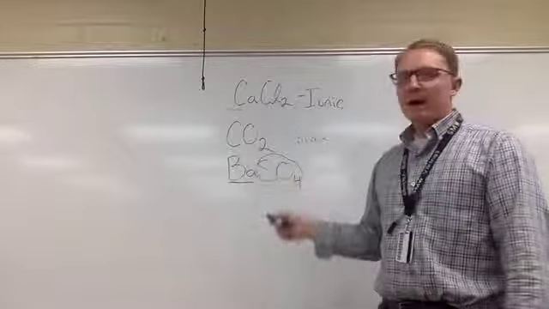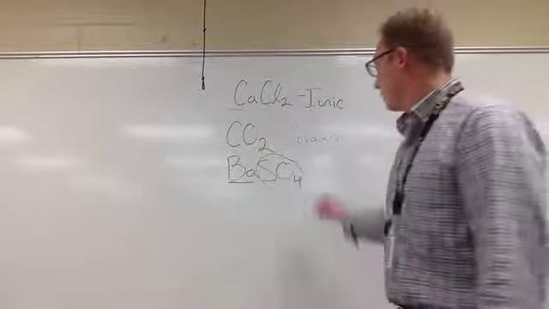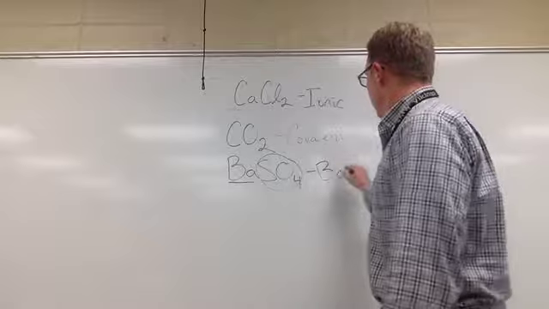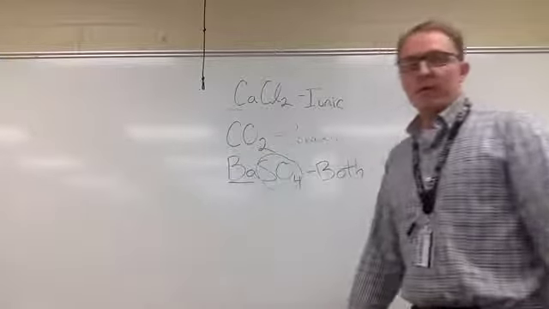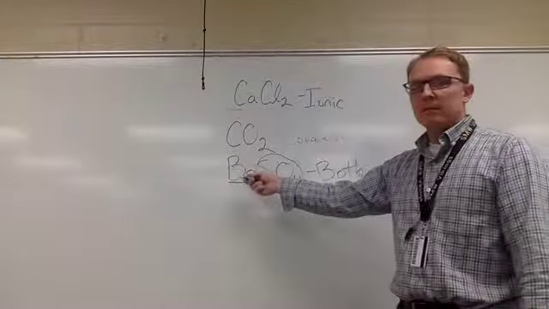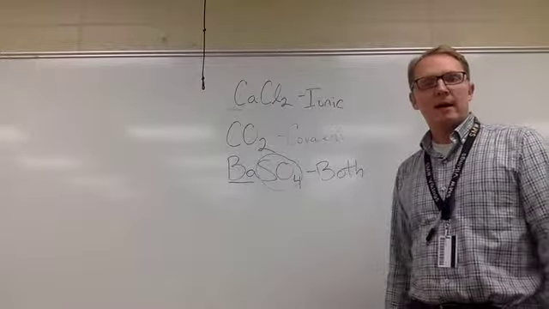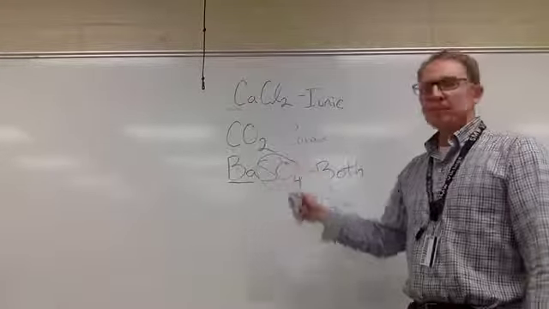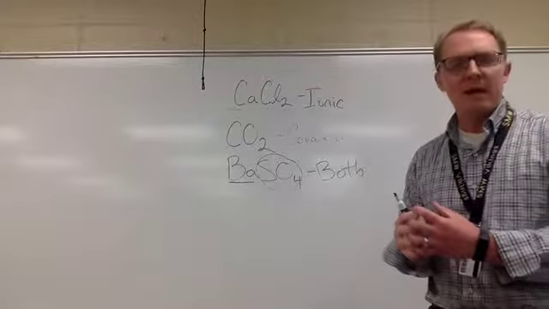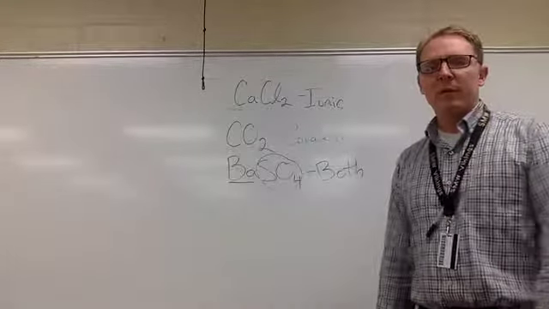So what we have here is a combination of both types of bonding. On your worksheet, we just go ahead and put a capital B for both, showing you that we have a metal bonded to nonmetals, that's ionic, but then sulfur and oxygen are bonded together and they're both nonmetals. So it's kind of like having both types of bonding.